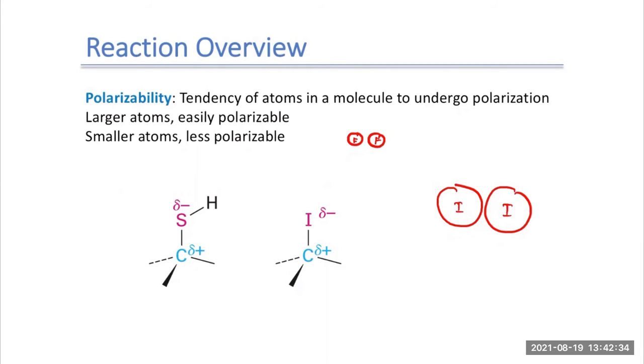That's the idea behind polarizability. If you can squish it and it's really big and it takes up a lot of space, I can move the electrons more to one side or the other. So here I can end up with an iodine being slightly partially positive on one side, slightly partially negative on the other side. And then they'll start lining up like that.